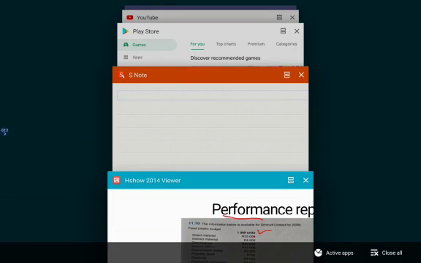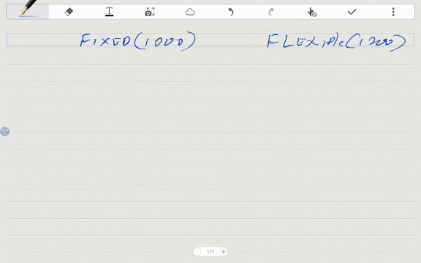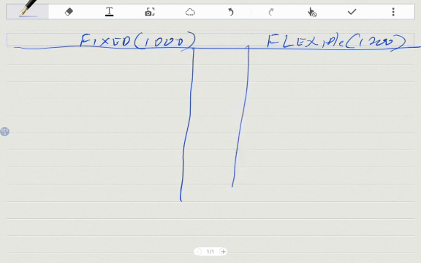To do that flexible budget, we've got the fixed budget, and we're using that to prepare our flexible budget. The flexible will be at 1,200, and your fixed budget is sitting at 1,000 units. So this is going to be your cost per unit.